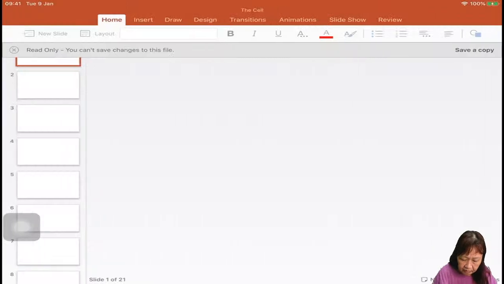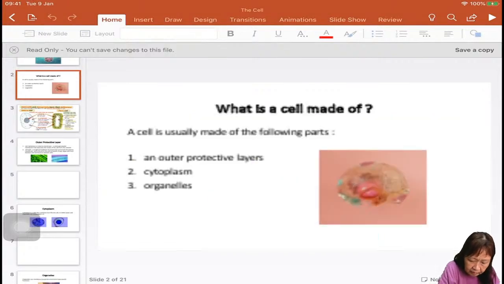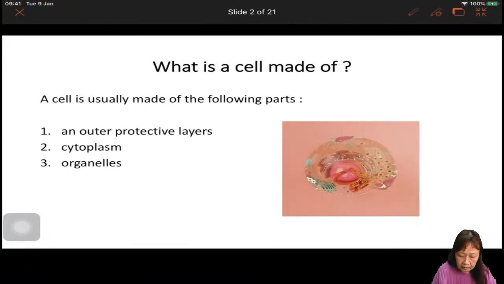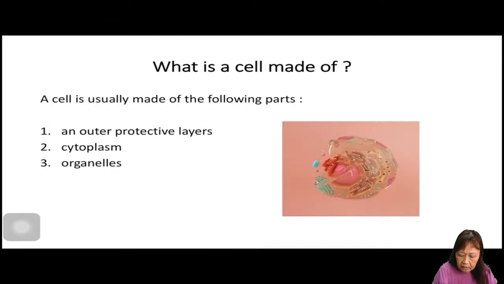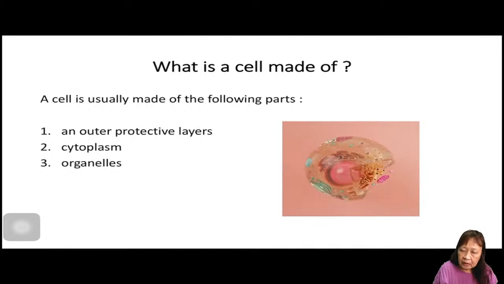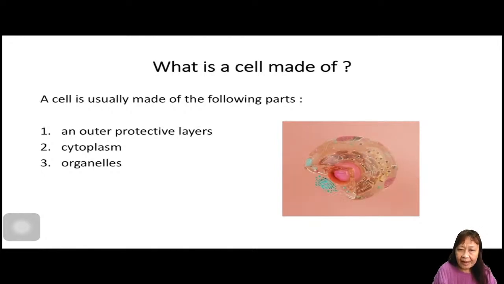Excuse me, we have some problem here with the PowerPoint. Okay. All right. So it is the basic unit of life. Now, every organism on Earth has cells. And we have two main classifications of this one.